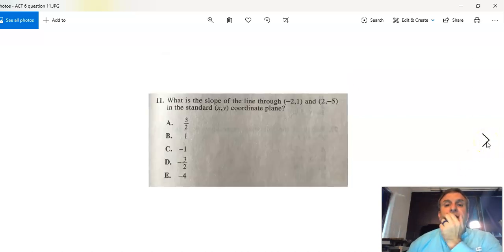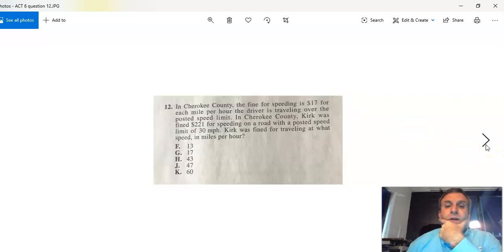Number 11. What is the slope? This is just like the question on your packet that's asking for the y-intercept. I first got y2 minus y1 over x2 minus x1. Next one. The fine for speeding is $17 for each mile per hour the driver is traveling over the posted speed limit.